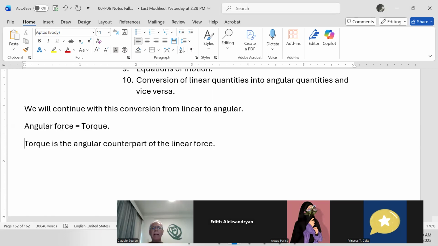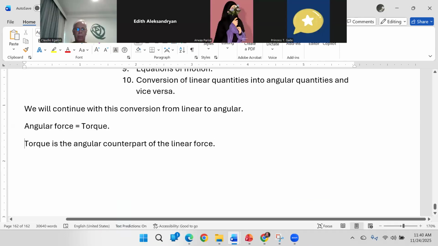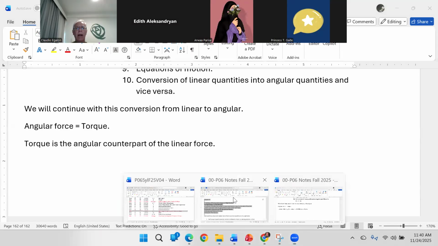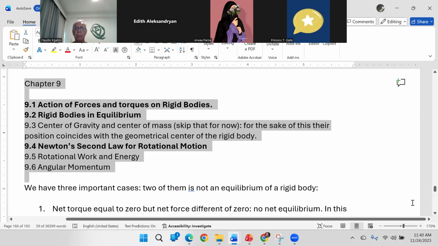And we have to look at its definition. The best way to understand torque is by thinking in terms of real-life applications of torque, okay?